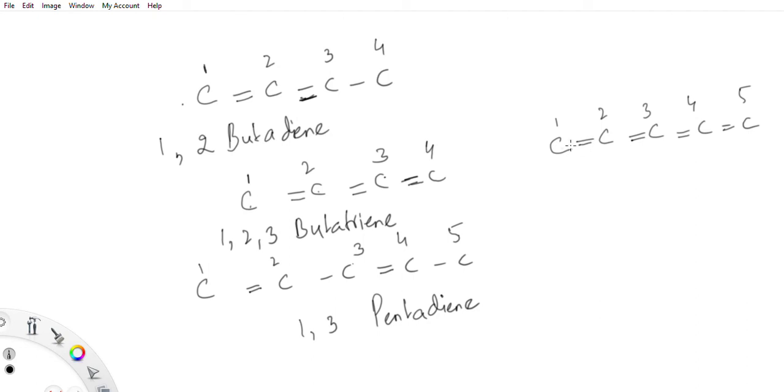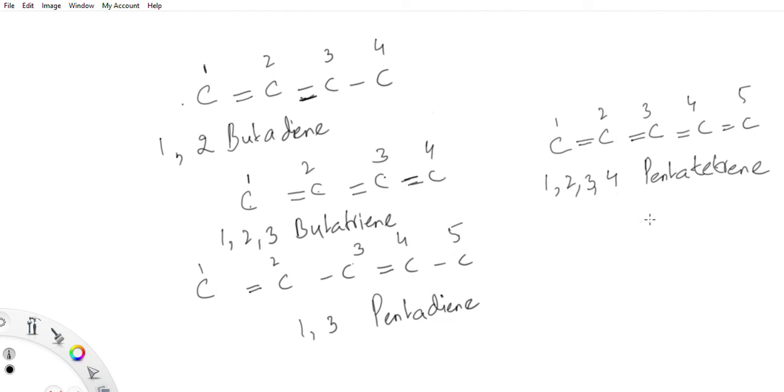It's 1,2,3,4-pentatetraene. Why tetra? Because of the 4 double bonds. For 4 double bonds we say tetra. Tetra means 4.